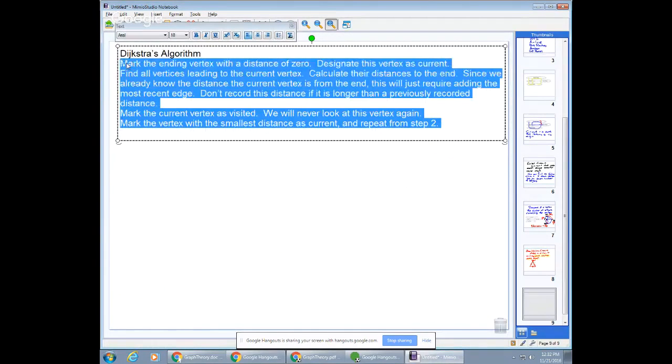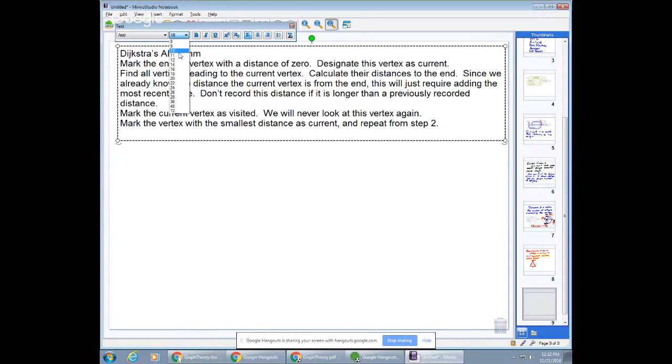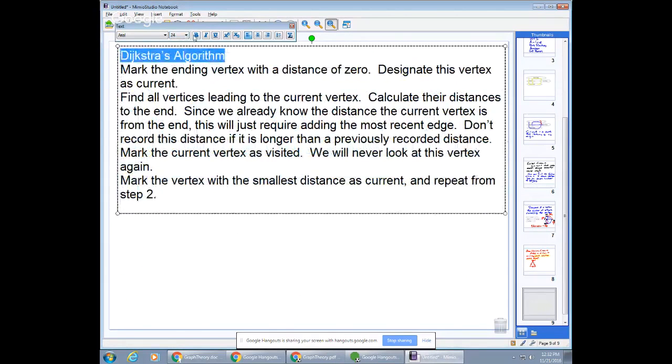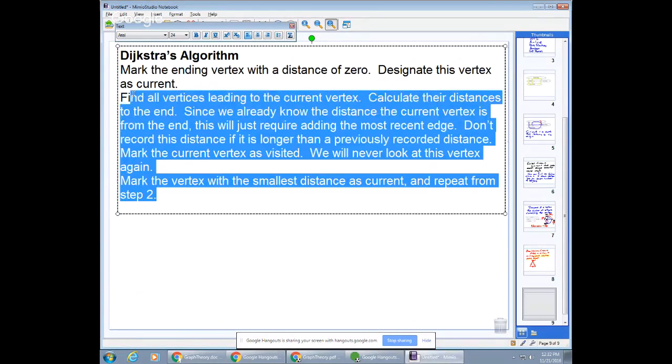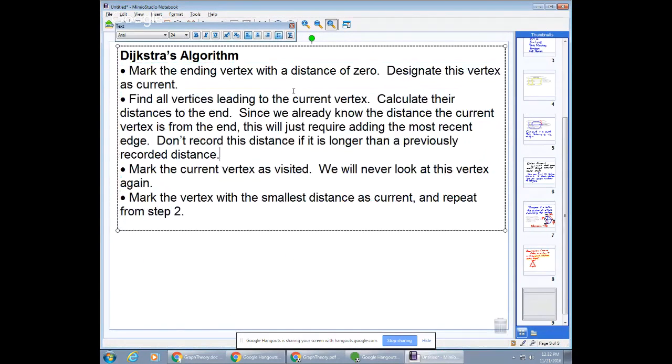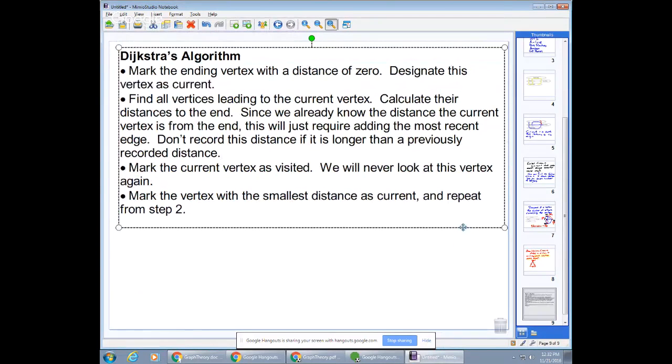We'll blow up the font a touch. How about that? Okay, so we get Dijkstra's algorithm here. Let's make this a bulleted list to make it easier to read. Okay. So we'll go through it and then we'll give it a shot on a graph.